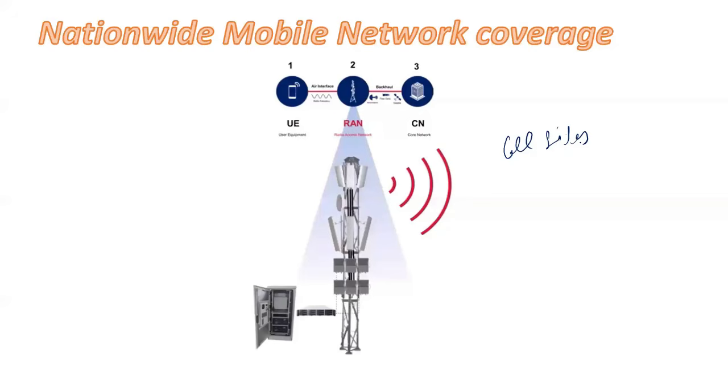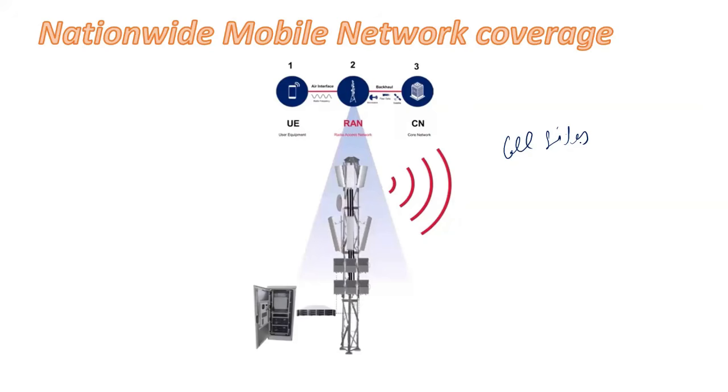When planning the deployment of a radio access network, operators consider various factors like population density, topography, building density, and also traffic patterns within a coverage area. By analyzing these factors, network operators can determine the optimal location and configuration of the RAN.